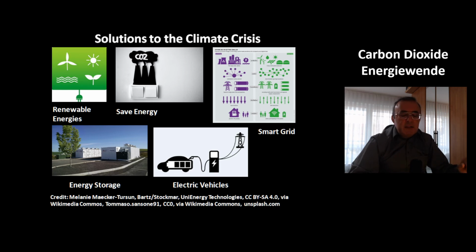And electric vehicles are also part of the solution, because the electric engine is known for its low energy consumption and its high energy efficiency. For example, the electric motor has at least 80% efficiency, and the gas engine has around 16% efficiency.